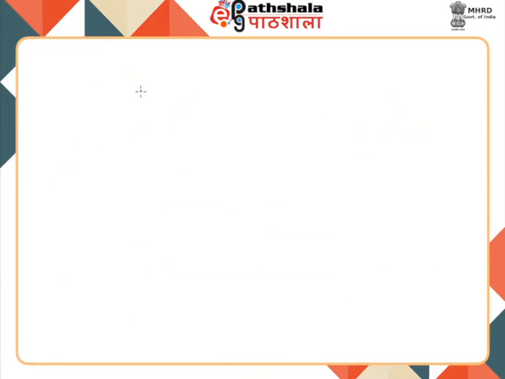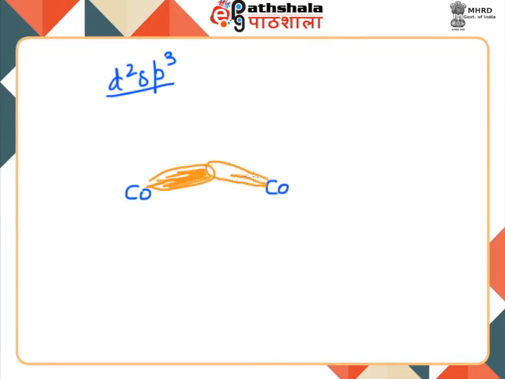After understanding how the d2sp3 hybridization is taking place, let us try to draw the structure of dicobalt octacarbonyl. These are the 2 cobalt atoms, and they have gone into d2sp3 hybridization, and we have understood how there will be formation of a sigma bond between this carbonyl and this carbonyl, and notice that this will be bent in shape.